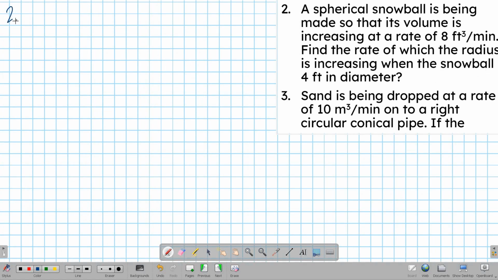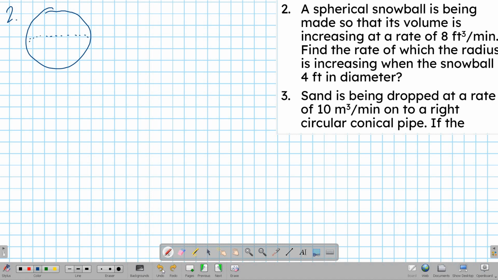In number 2, a spherical snowball is being made so that its volume is increasing at the rate of 8 cubic feet per minute. Find the rate at which the radius is increasing when the snowball is 4 feet in diameter. So we have a snowball.